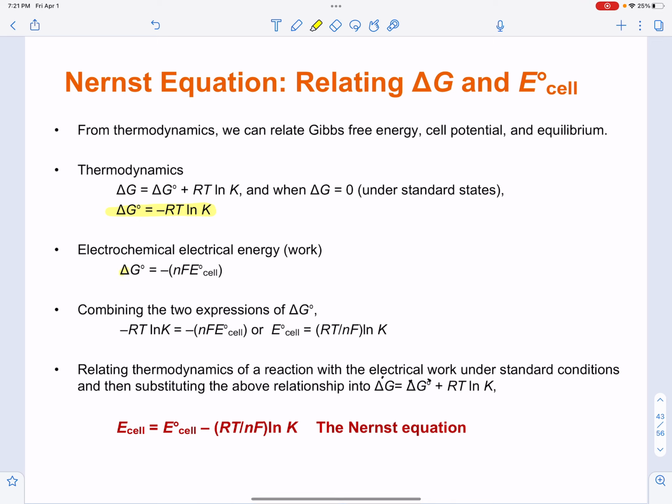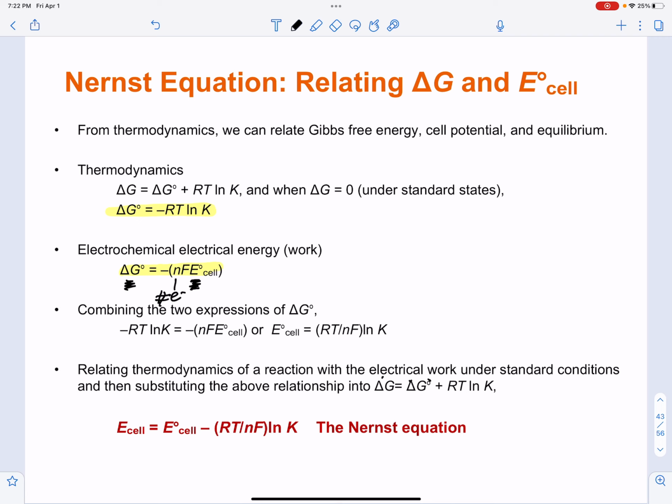This is a new one. This is how we can relate the cell potential to the Gibbs free energy, where n is going to be the number of electrons involved. Remember at the beginning of this chapter when we were balancing in acidic and basic environments, how we had to make sure that the number of electrons in the oxidation was the same as in the reduction?